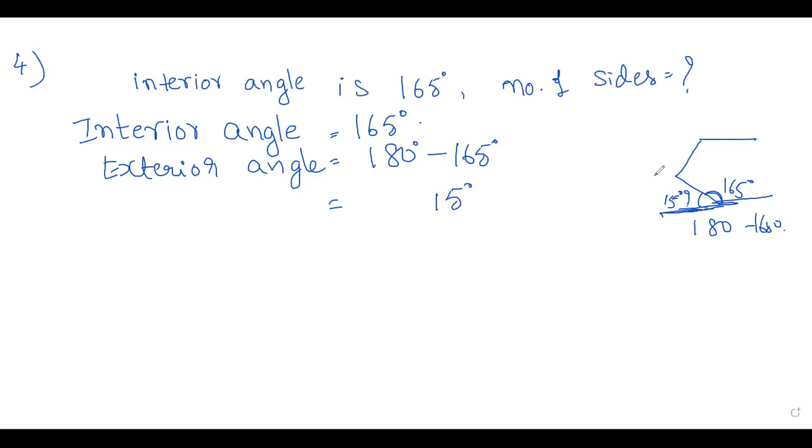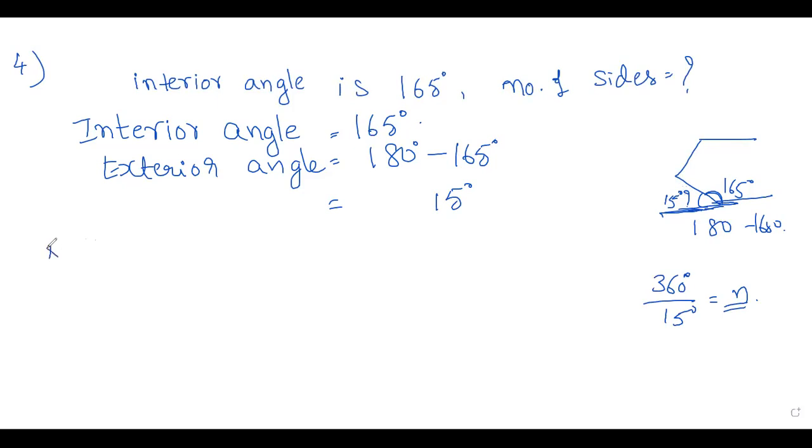So the sum, how will you find it? So each angle is 15, total is 360 degree. Each angle is 15 degree, if you divide it, you will get the n, the number of angles.